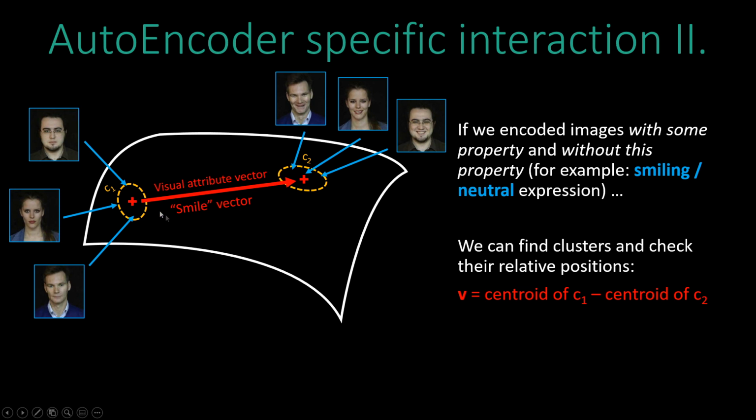And so if you look at these original representations, if you take this image here and give it this smile vector, it will move it somewhere around this smiling sample.